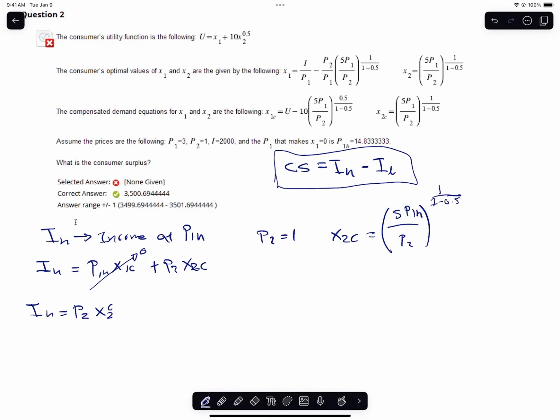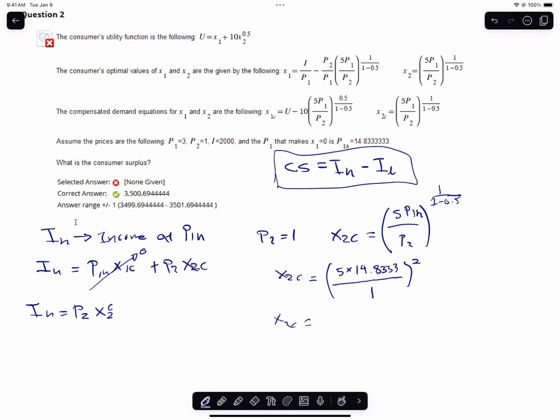Okay, let's go ahead and just plug in the numbers and get the value. So X2C is going to be equal to 5 times P1H, which is 14.83, divided by P2, which is 1, and then this whole thing raised to the power 0.5 divided by 1, that's 2. That's 2. Okay.